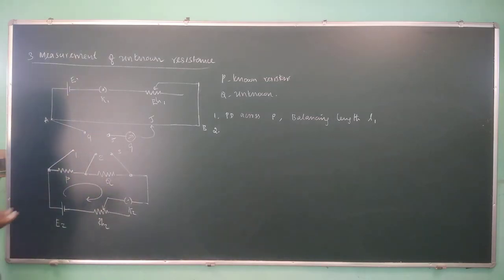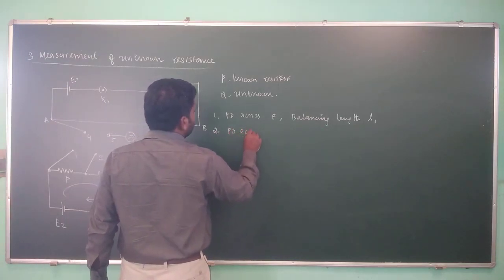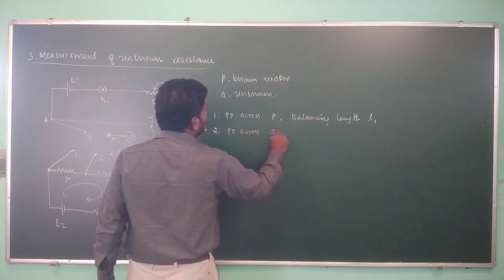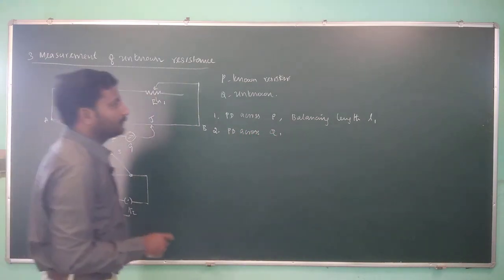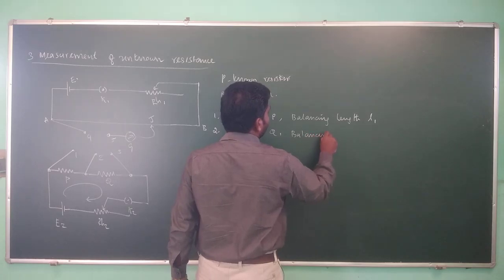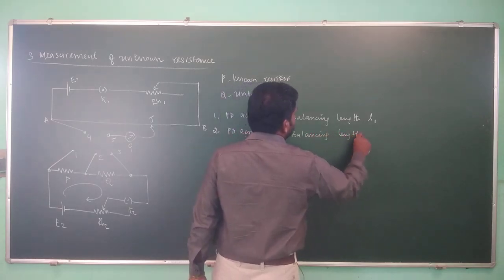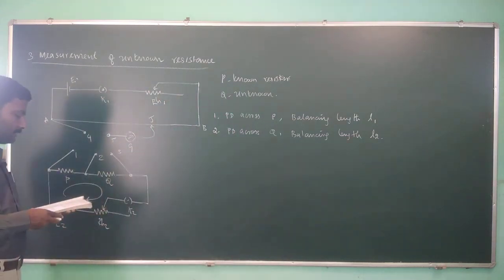Now again, for the potential difference across Q, for the same steady current applied, we can find the balancing length L2.